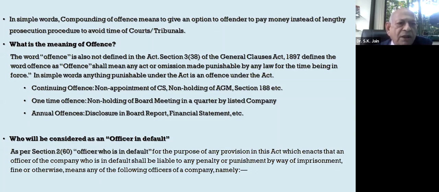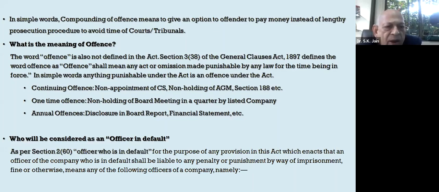The word offence is not defined in the Act. Section 3(38) of the General Clauses Act 1897 defines offence as an act or omission made punishable by any law for the time being in force. In simple words, anything punishable under the Act is an offence under the Act.